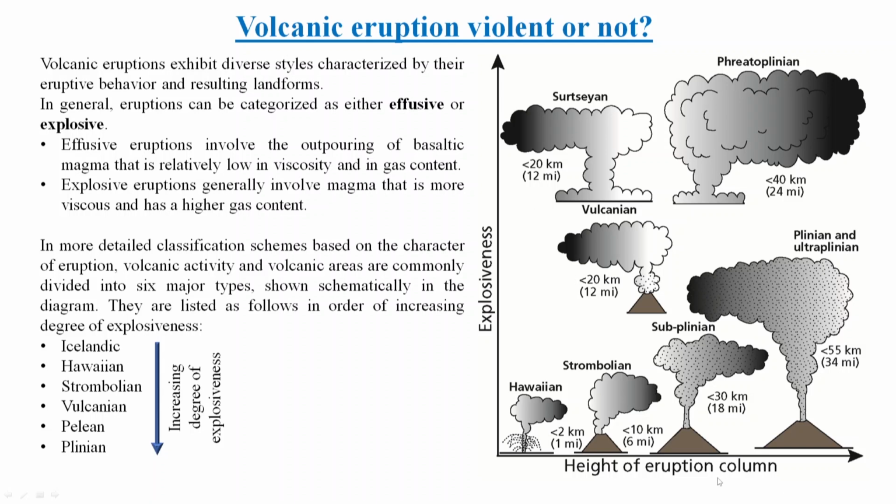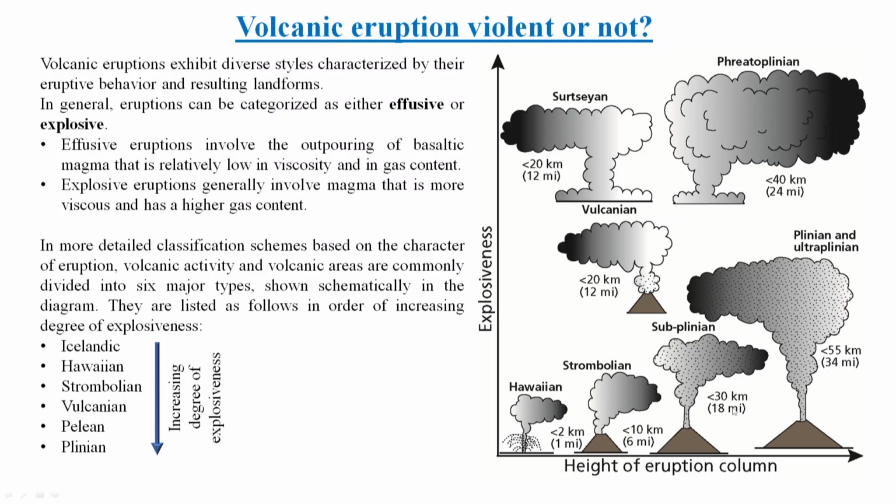Based on the simple diagram, the height of the eruption column and explosiveness, you can get an idea that the Hawaiian one only gives some ash cloud, with an eruption column even below 2 kilometers. The Strombolian type I will not say is extremely violent, but it can be deadly as well. It is less than 10 kilometers.